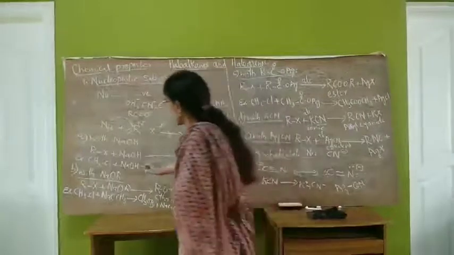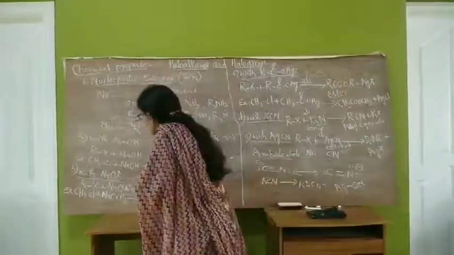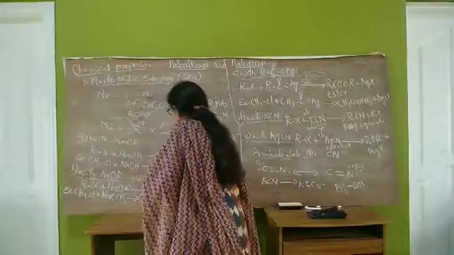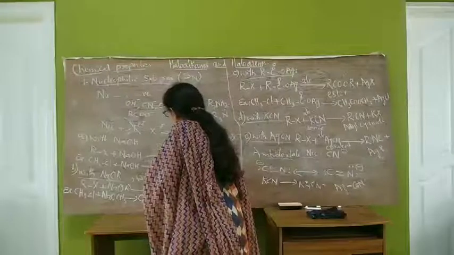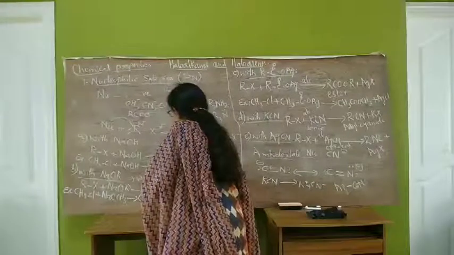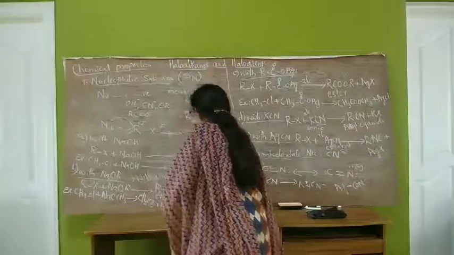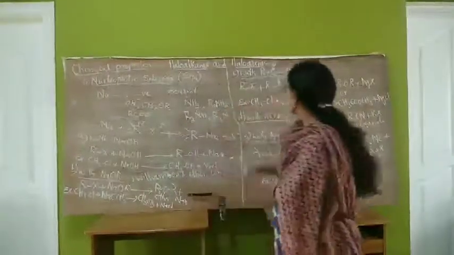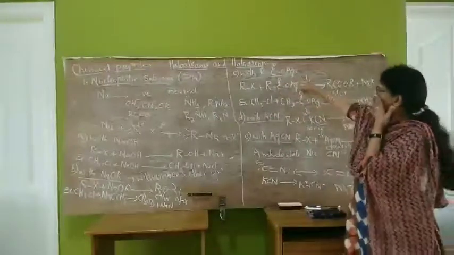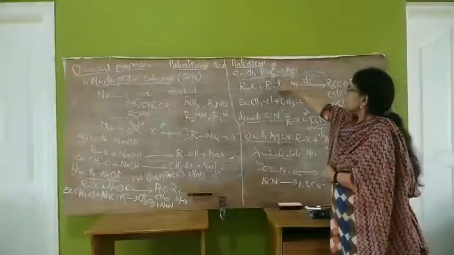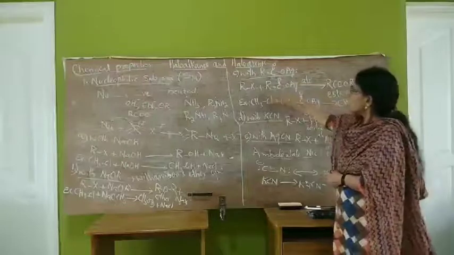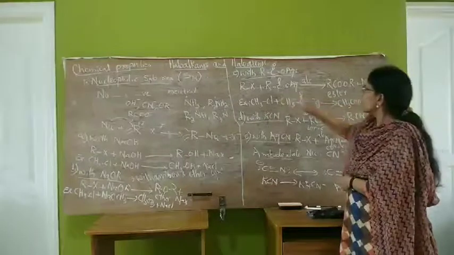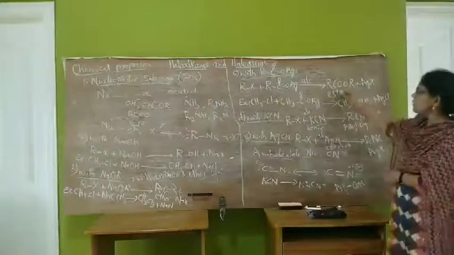This reaction is called Williamson's ether synthesis. The next reaction is with the silver salt of carboxylic acid. When alkyl halides are heated with an alcoholic solution of the silver salt of a carboxylic acid, esters are formed.